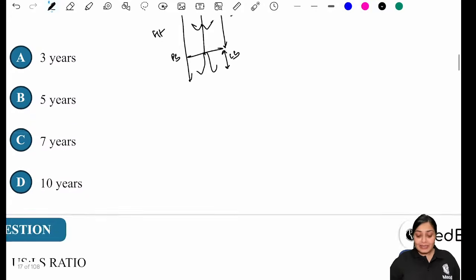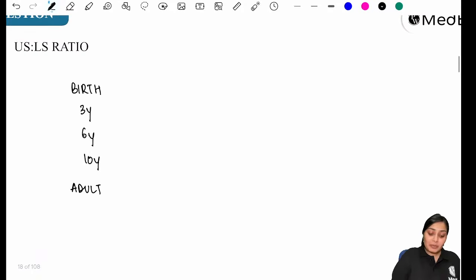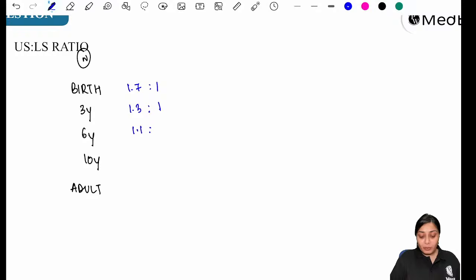So firstly, let's understand what is the normal upper segment lower segment ratio. At birth, it is 1.7:1. At 3 years of age, it becomes 1.3:1. At 6 years, it becomes 1.1:1.